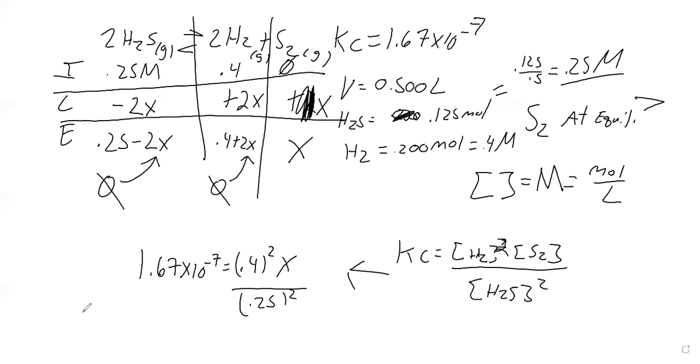So basically multiply each side by our denominator 0.25 squared, multiplied by Kc 1.67 times 10 to the minus 7, divided by 0.4 squared. That will give you x, and that will give you your concentration at equilibrium.